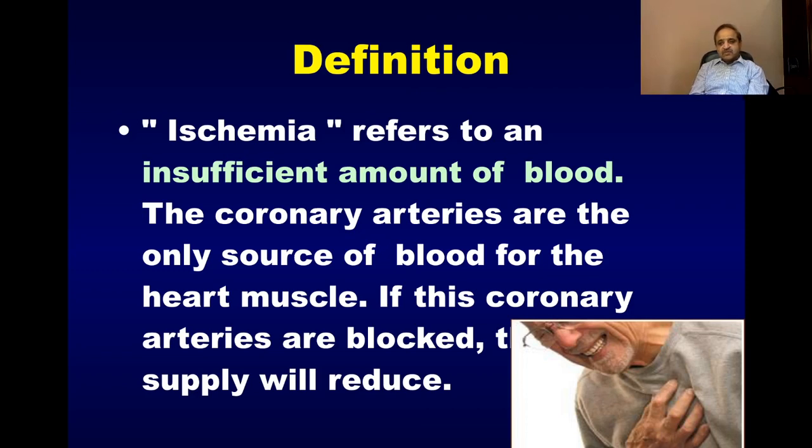And this plaque is formed as a result of different risk factors like smoking, alcoholism, dyslipidemia, uncontrolled diabetes, and uncontrolled hypertension. However, there are also uncontrollable risk factors, which I will discuss in the subsequent slides.